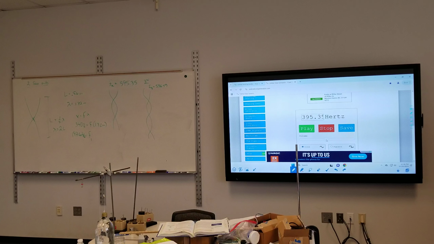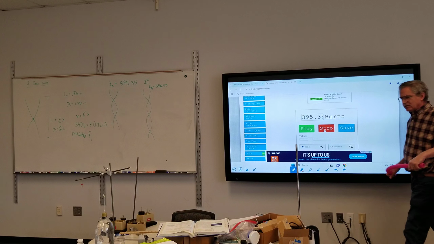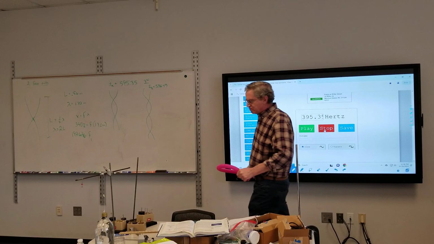Earlier today, I was doing this, and the student claimed that you could hear the difference between 440 and 439 hertz. So I'm trusting people with different abilities. The way that we can actually tell is to see if we get a beat frequency.